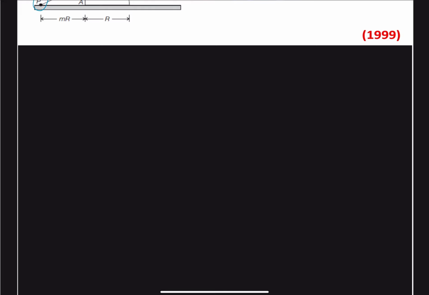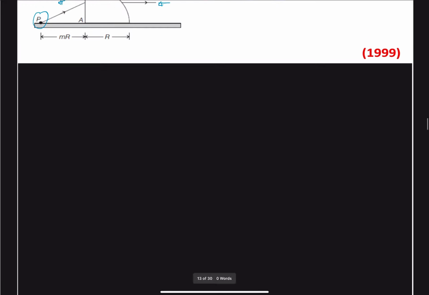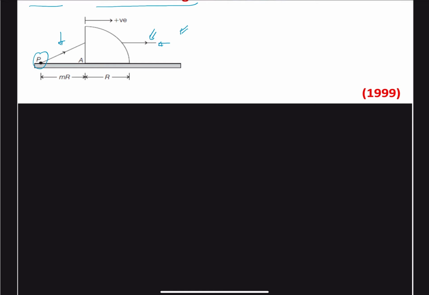And in order to solve it, we have to find out what will be the angle of refraction at the curved surface, and in order to emerge parallel, the refraction angle should be equal to 0 at the curved surface. Okay, so it means somewhere here the angle of refraction should be equal to 0. So first of all, we are going to find out the image position.